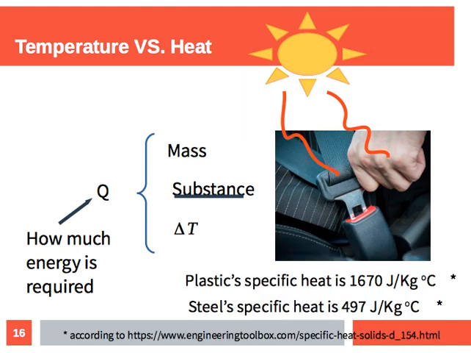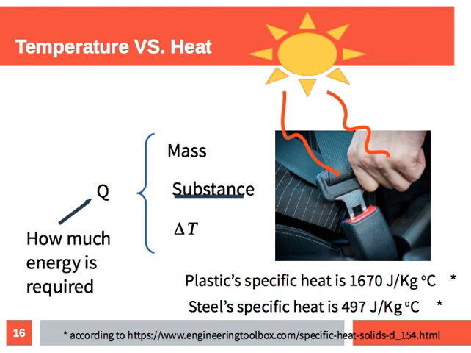And why is that? Well, the idea is that both of those materials received the same amount of heat from the sun and the atmosphere. They got the same energy, but they have different temperatures. Why is that?